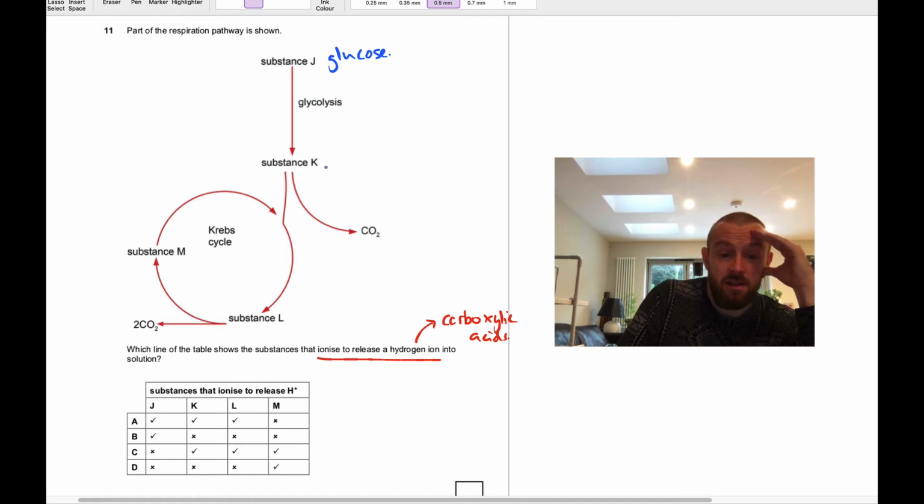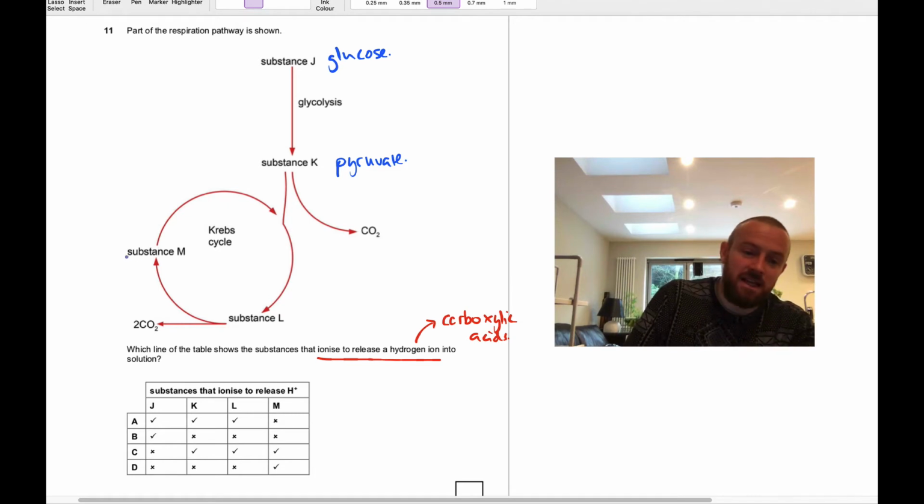Substance K is going to be pyruvate. And then acetyl-CoA feeds into the Krebs cycle. Difficult to really tell exactly what these two things are, but most likely this is citrate. And this is oxaloacetate, I guess, although we don't know exactly where on the cycle they are, but I presume so.